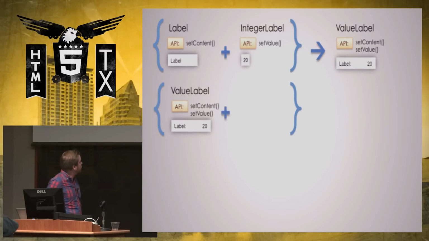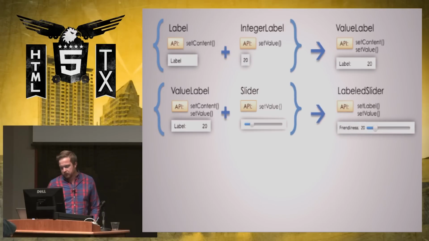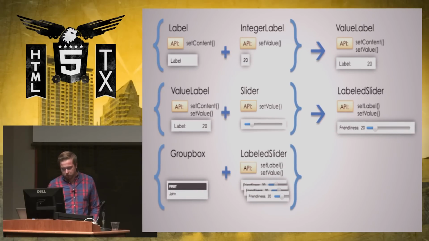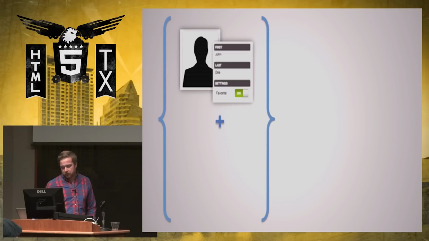We can run with that a little bit further, and we see that if we add a slider to that and make sure that the slider's current value is the same as in the integer label, we've got a slightly more complex view there. And we can even keep going, add a group box and multiple label sliders, and we have an attribute view. And you just keep generating more and more complex views as you work up the tree.